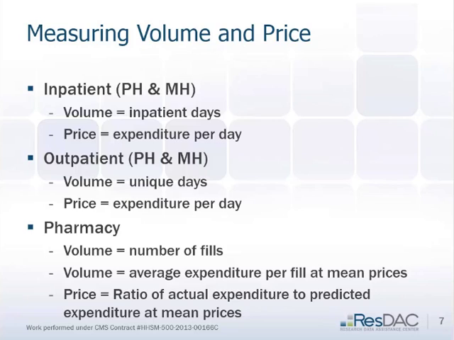On outpatient, it was a little trickier because there's a lot more heterogeneity in what's happening in outpatient care. But we went with the same idea of number of days or visits and the expenditure per day when there was a visit, so price and volume. And then pharmacy was a little more tricky yet in that you could do the number of fills, and we had that as a volume measure.